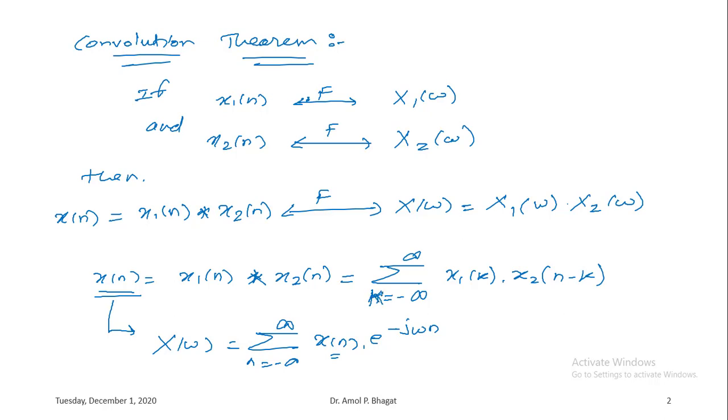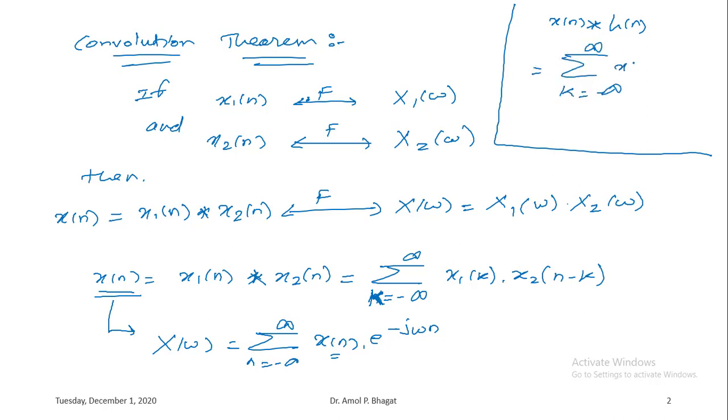Okay, k is equals to minus infinity to infinity x1 of k into x2 of n minus k, because we have seen the convolution of x of n, which is convolved with h of n, will be given as summation k is equals to minus infinity to infinity x of k into h of n minus k. Okay, this is nothing but the output response denoted as y of n as per the convolution formula, right?